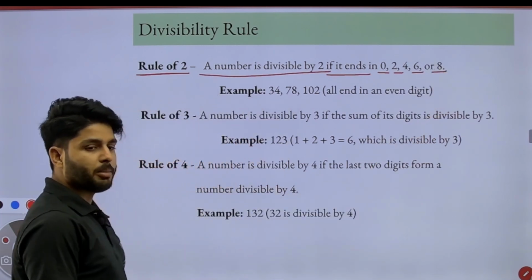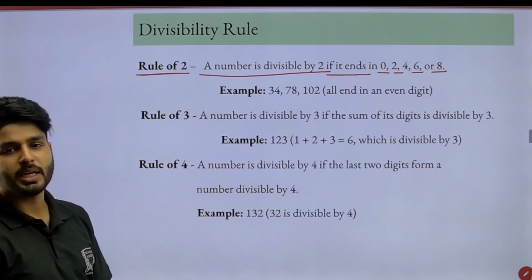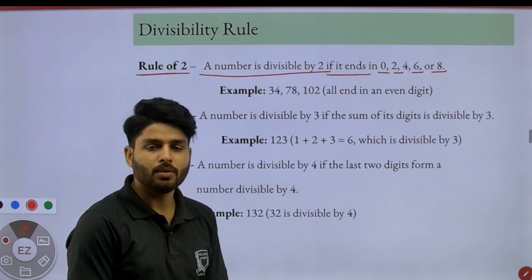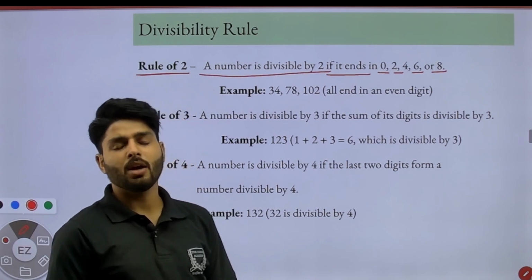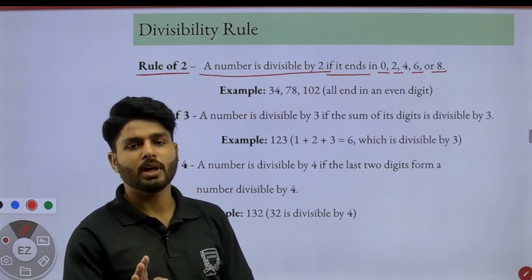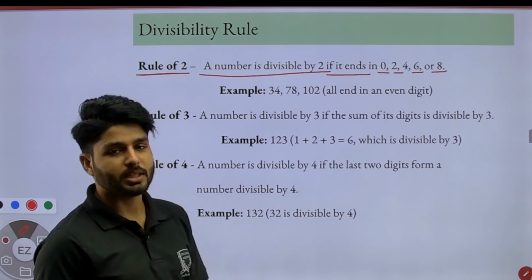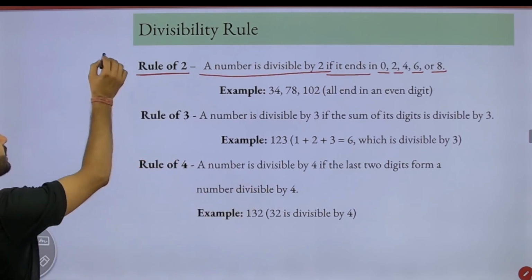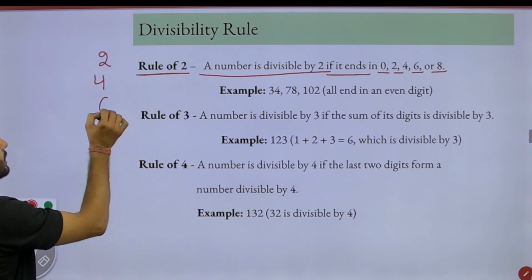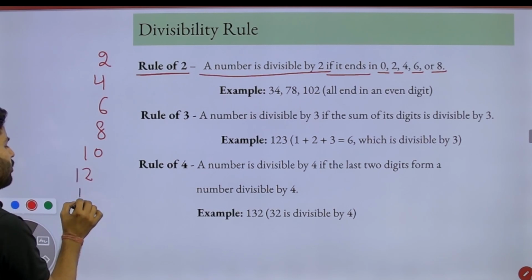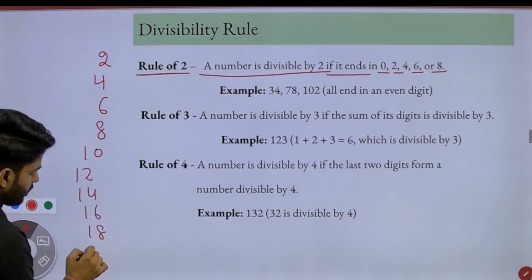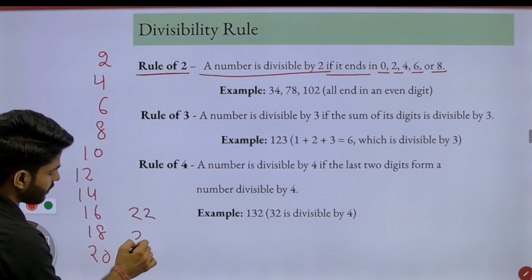कि कोई भी नंबर जिसके यूनिट प्लेस पे 0, 2, 4, 6, 8 आ जाएगा, वो नंबर 2 से डिविजिबल होगा. हमें कैसे पता चला, लेट सपोज अगर हम लिखना स्टार्ट करें 2 का पहाड़ा, that is 2, 4, 6, 8, 10, 12, 14, 16, 18, 20, 22, 24 and so on.